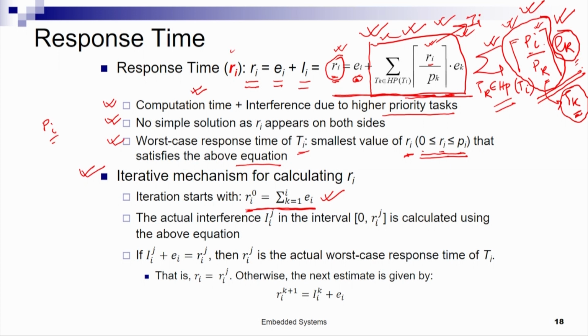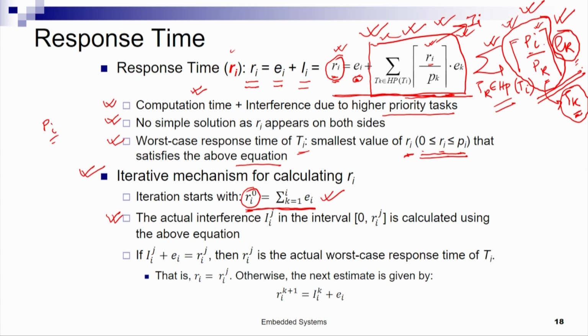Then the actual interference in this interval R_i^0 will be calculated. So, then we will calculate I^0, which is the interference caused within the estimated response time R_i^0.